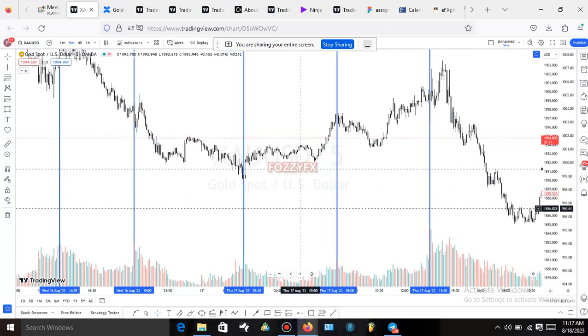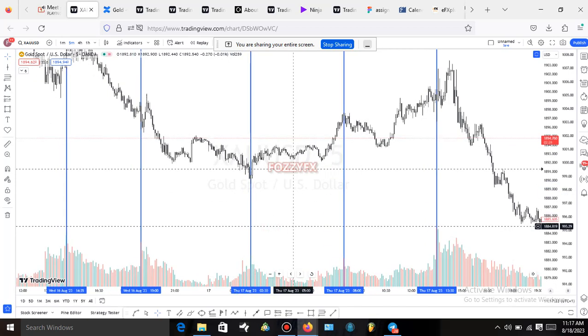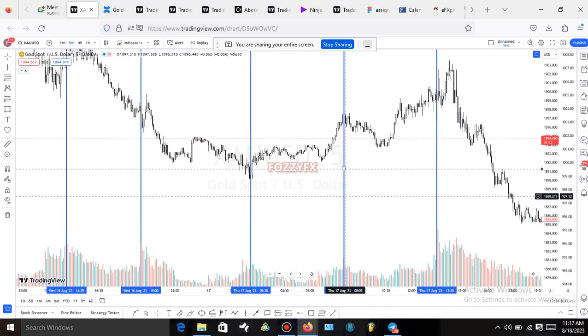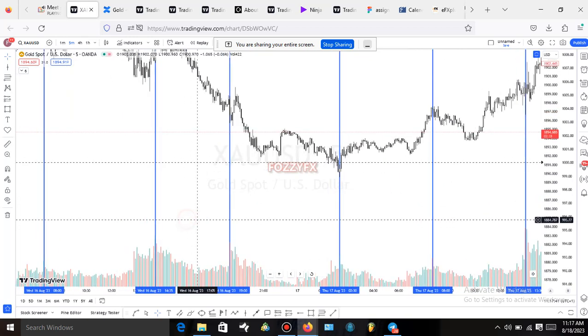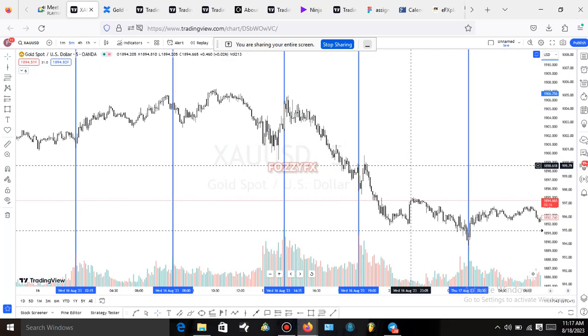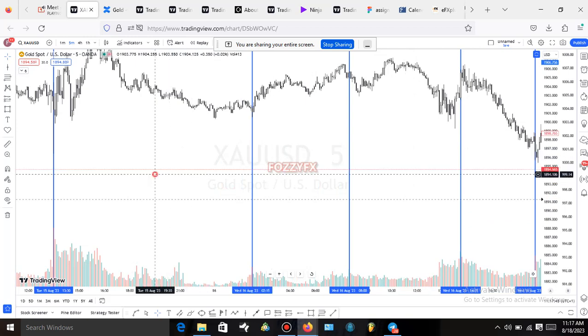So what you want to do now is, anywhere you see highest volume in your chart, just draw a line, not a horizontal line, just mark that level, draw it out. It's as simple as that. That's just the basics. That is where it starts from.